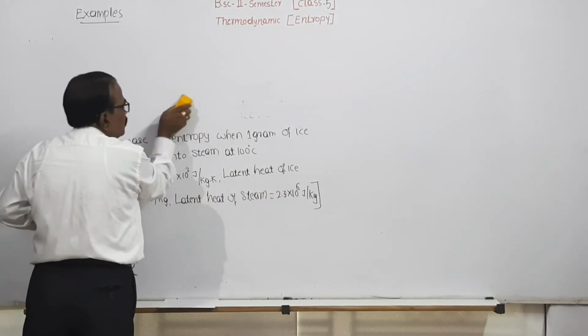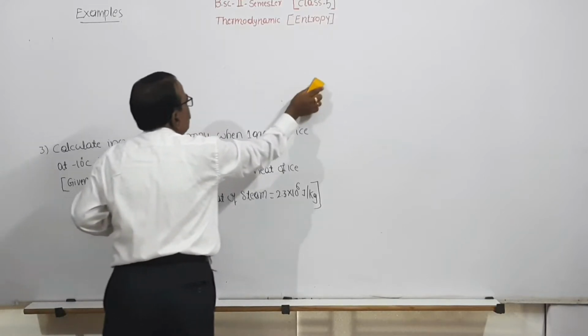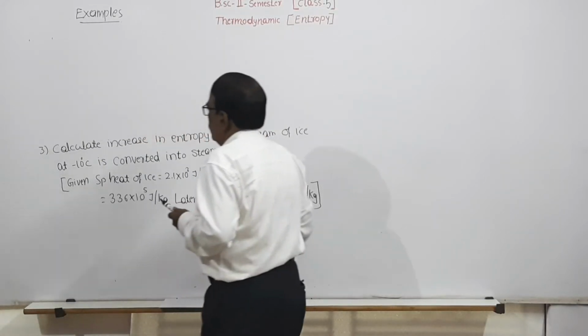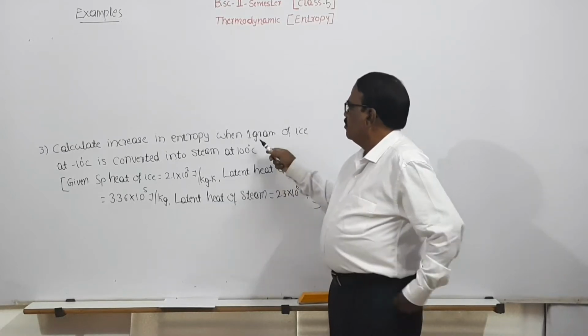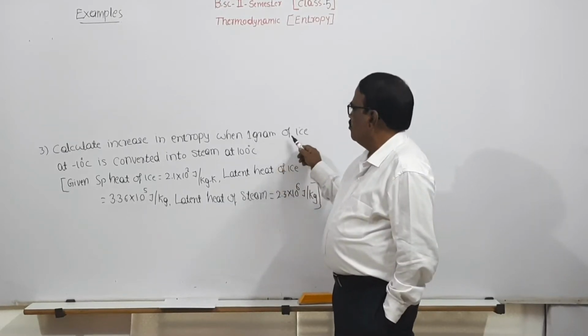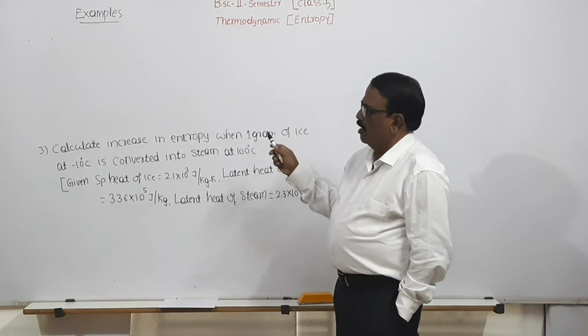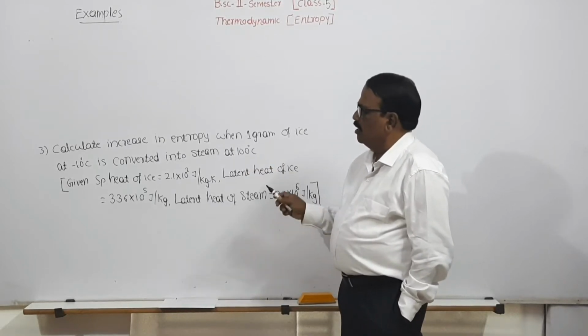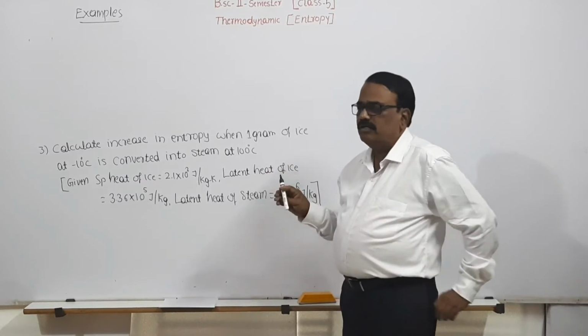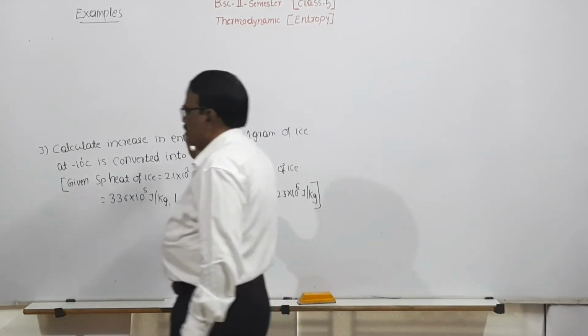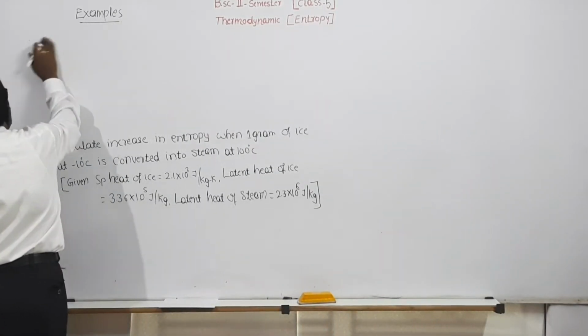See, this third example is: calculate the increase in entropy when 1 gram of ice at minus 10 degrees centigrade is converted into steam at 100 degrees centigrade. That means mass is given.